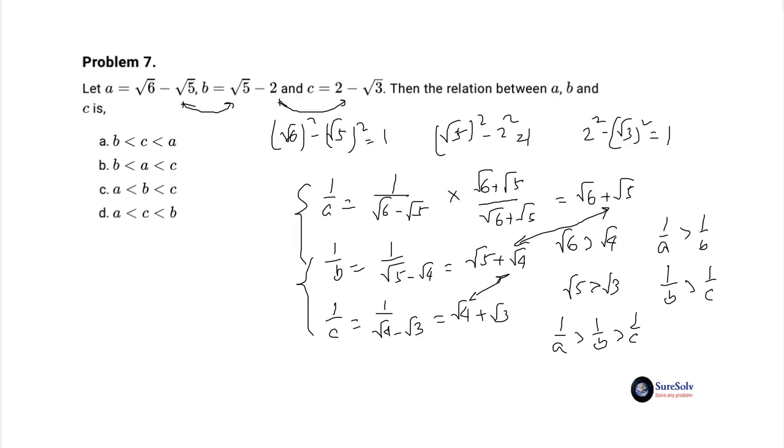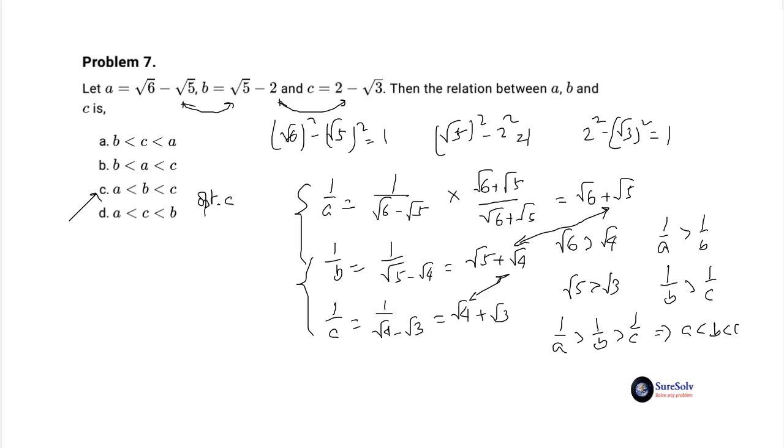So invert the comparison results of 1 by A, 1 by B and 1 by C to get the comparison results of A, B and C as A less than B less than C. Answer is option C, A less than B less than C.